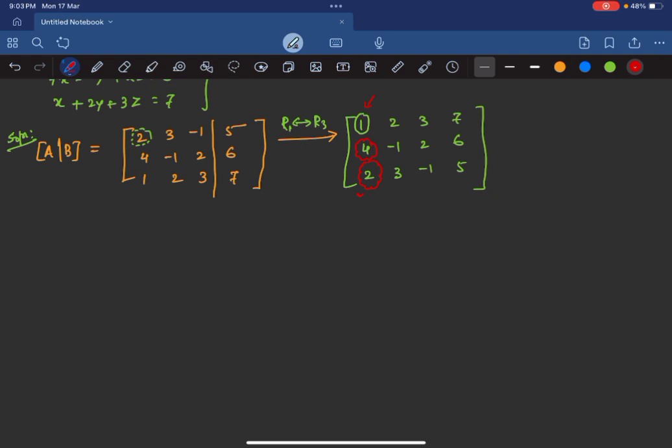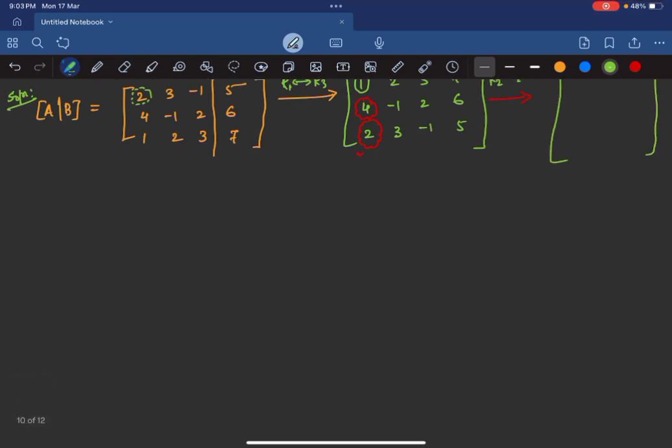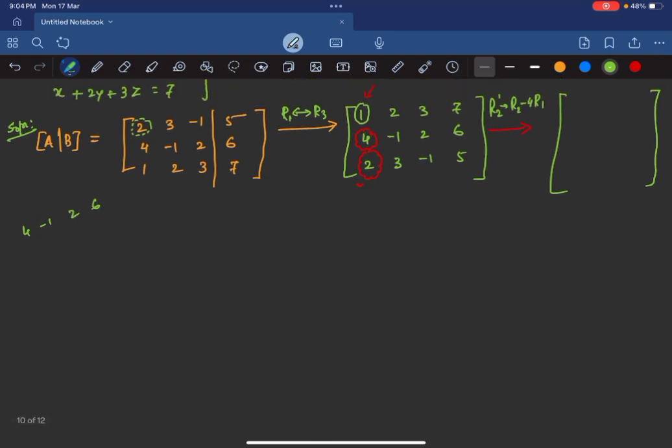So in the next step, you can do R2 dash tends to R2 minus 4R1. If you are doing this, R2 means 4 minus 1 2 and 6, and 4 times R1 means 4 8 12 and 28.